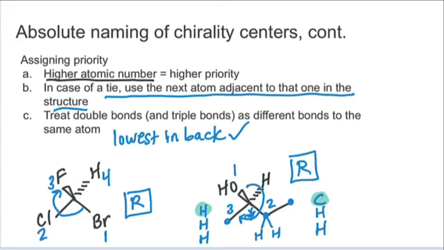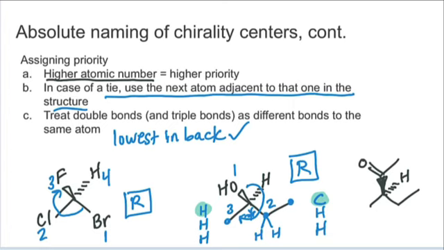Right, and then the last thing to know is that we want to treat double bonds as if they're bonds to the very same atom. So for example, one of my substituents had a carbon-oxygen double bond on it, okay? And let's say this group is going out, my hydrogen atom is going into the plane.